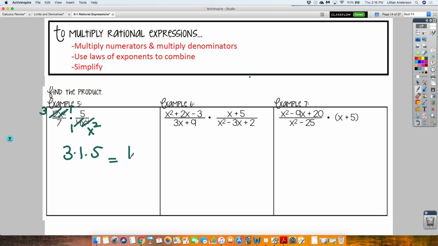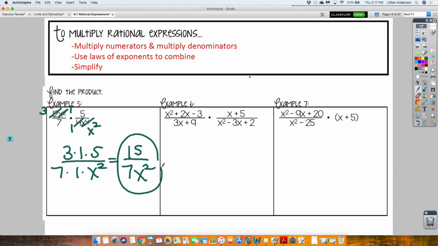And on the bottom, I have 7 times 1 times x squared, and we're done. So by simplifying first and multiplying second, I don't have to simplify afterwards, and I'm working with smaller numbers prior to that.